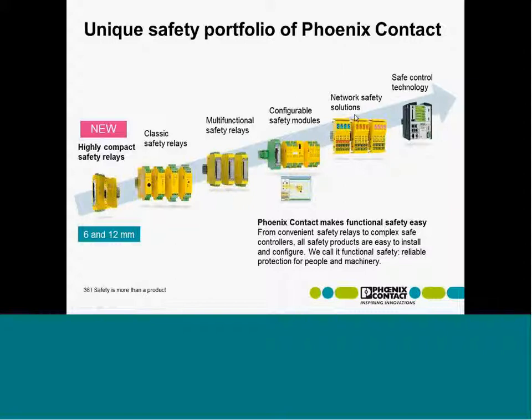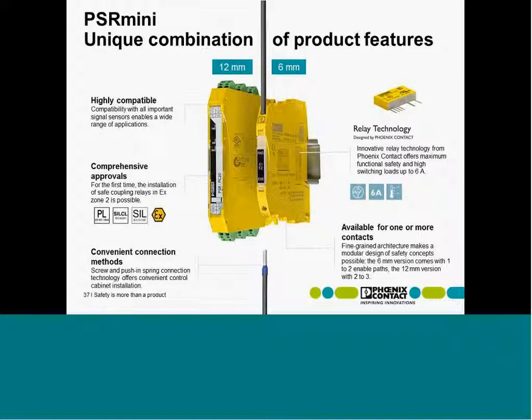And finally, we also have network safety solutions. On the left side, you see that besides the classical safety relay, we have integrated a new class of safety relays, which we have defined as highly compact safety relays in a width of 6 and 12 millimeters. That is the PSR Mini, the name of this product family.